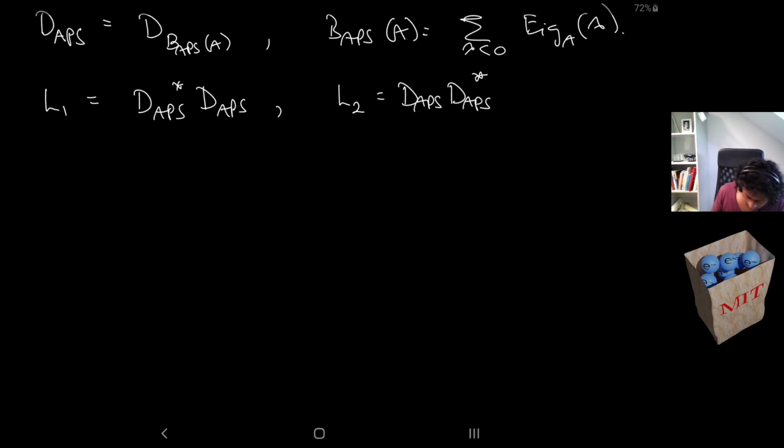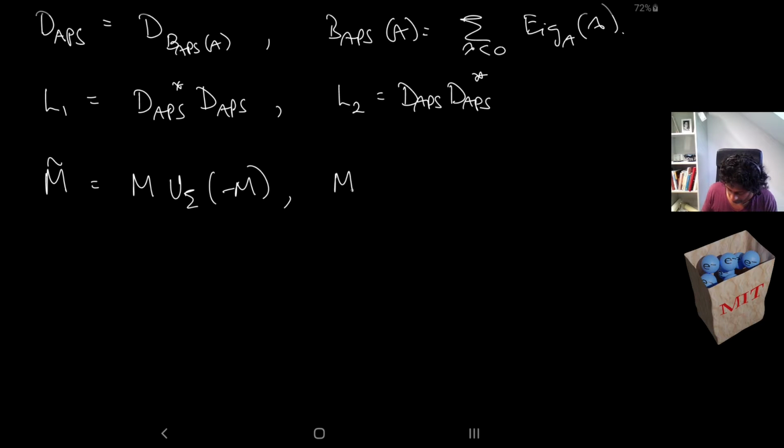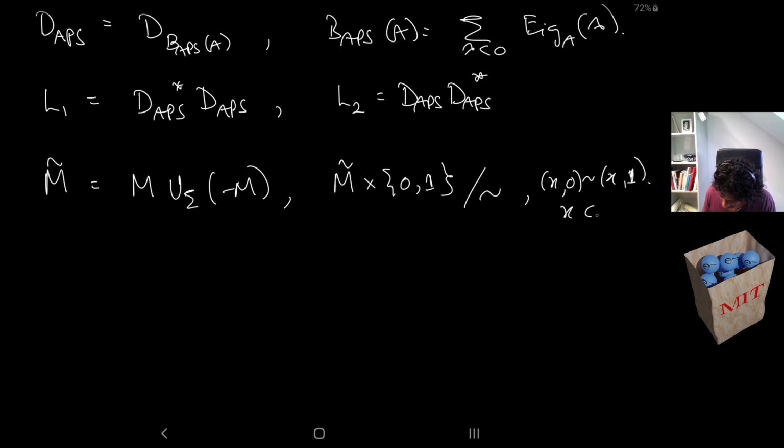All right, and then remember we also took the double of M. So we get an M tilde, which is the double of M. I've included this in the lecture notes if you want to be totally rigorous about it. You take M cross M tilde cross 0, 1, and then you identify x0 with x1 for x in the boundary.